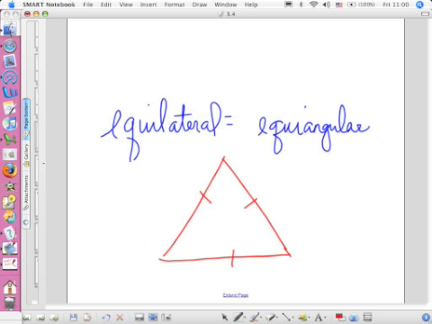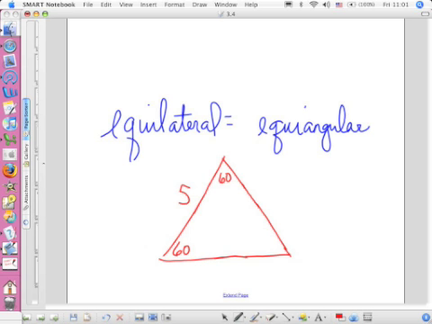And if in this same triangle you are given this information, you can tell me the lengths of the other 2 sides. 5 and 5.